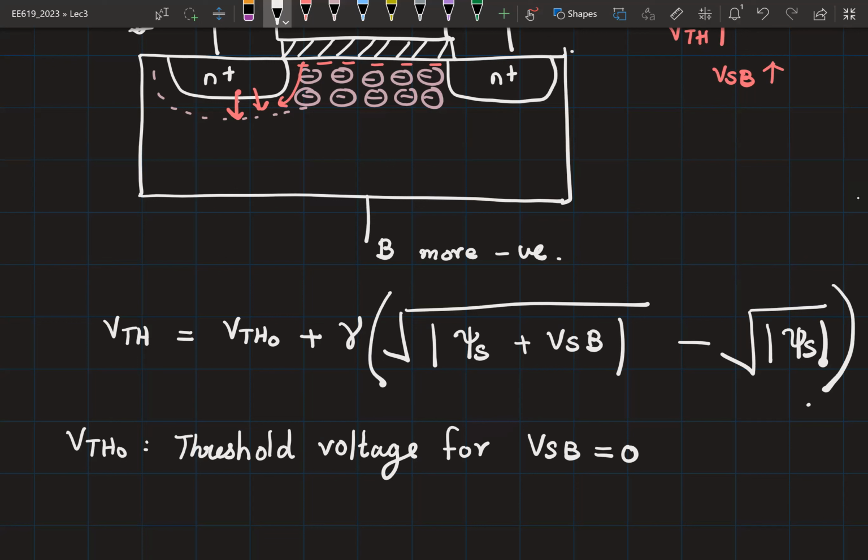In class, we saw that it was a function of psi s, depletion voltage, COX, etc. In fact, it also depends on the work function of both the metal and the semiconductor, and on the impurities that got trapped at the interface of the silicon dioxide and the semiconductor, and a lot of other manufacturing processes. So again, we do empirical fitting to get VTH naught. Gamma is called the body effect coefficient.